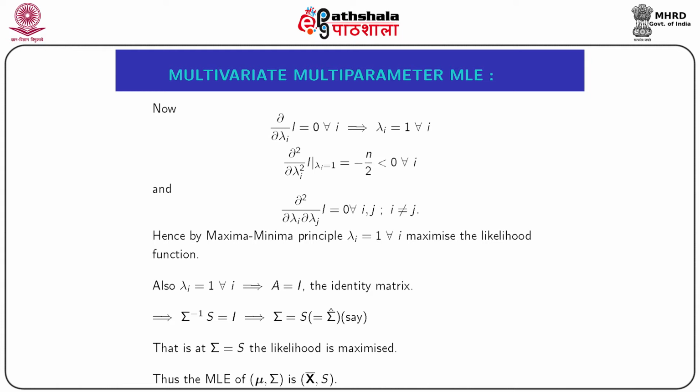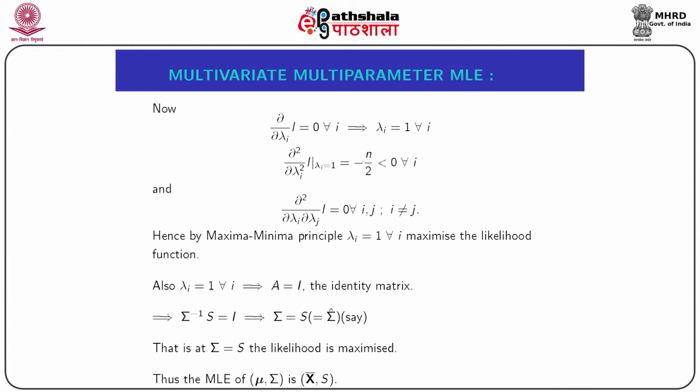Also, lambda equal to 1 for all i implies the matrix A is nothing but the identity matrix, because it is only the identity matrix whose all the eigenvalues are 1. So this implies sigma inverse S is equal to identity matrix, which gives that sigma is equal to the sample variance covariance matrix S. That is, at sigma equal to S, the likelihood is maximized.